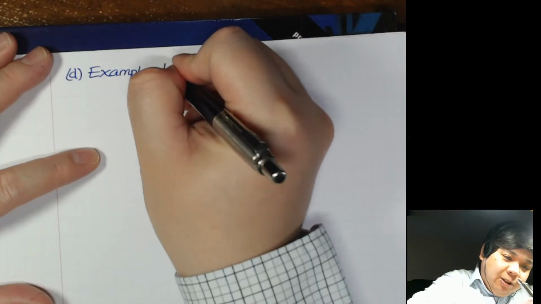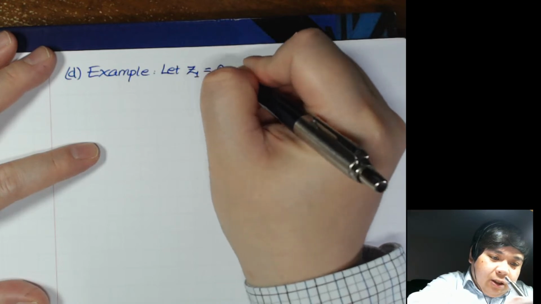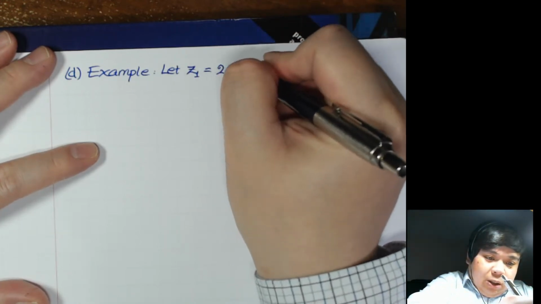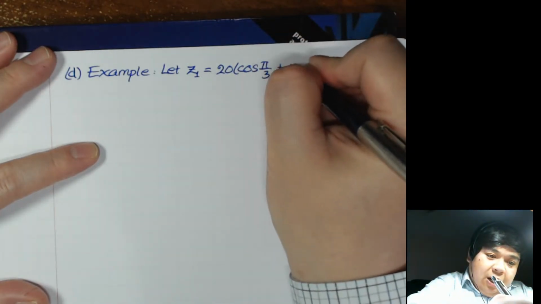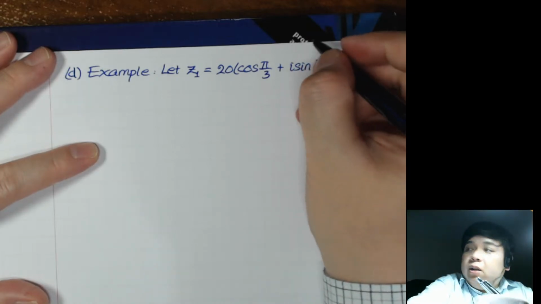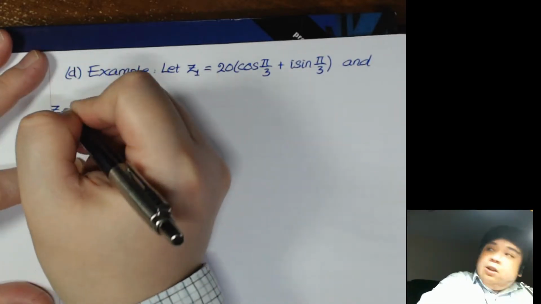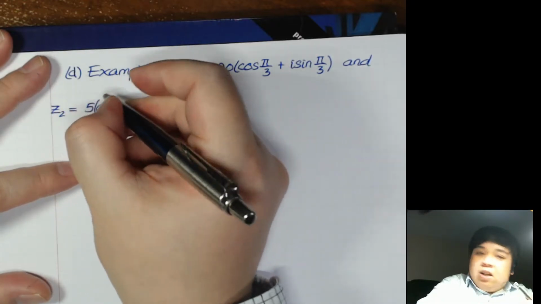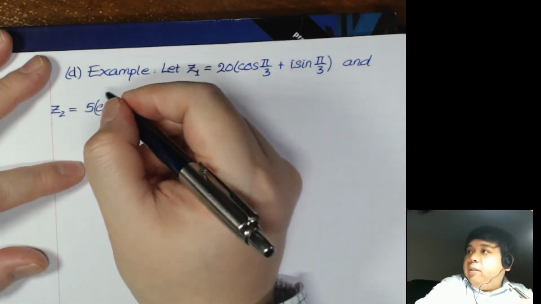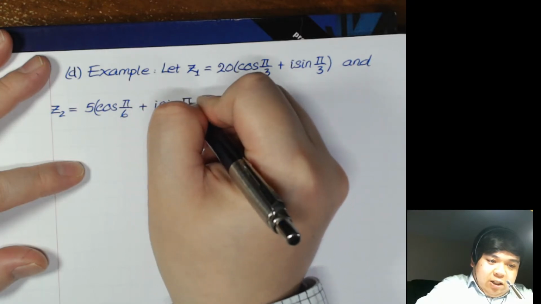Let's try another example. Z1 is 20 cosine pi over 3 plus I sine of pi over 3. And Z2 is 5 cosine pi over 6 plus I sine of pi over 6.